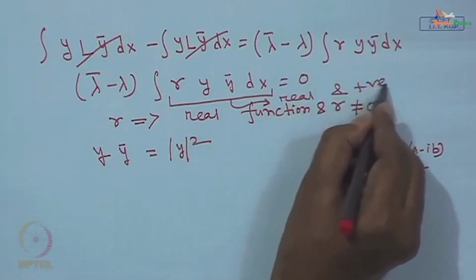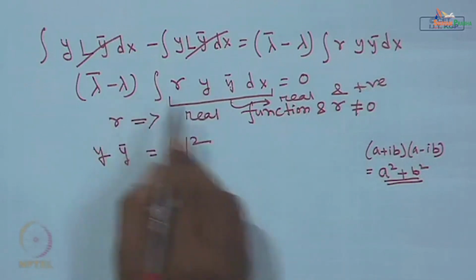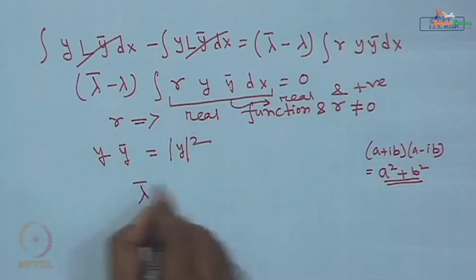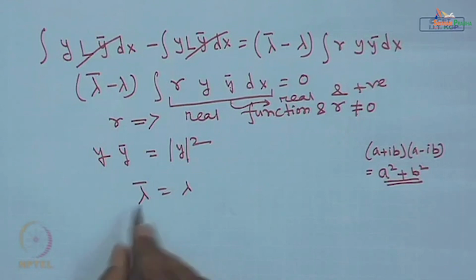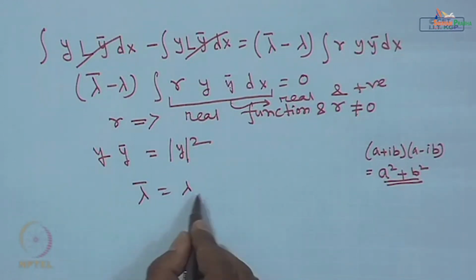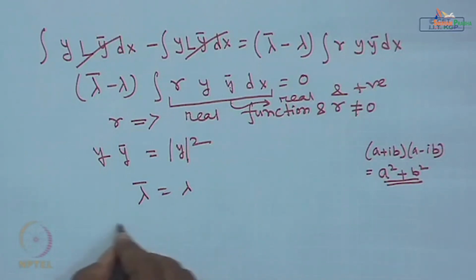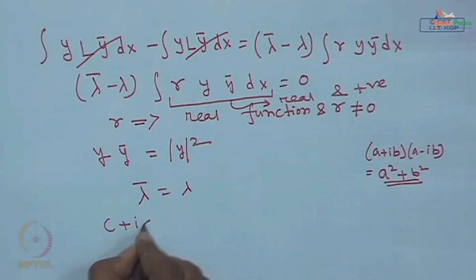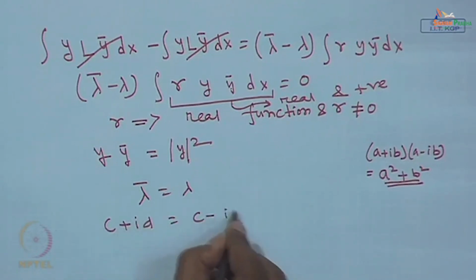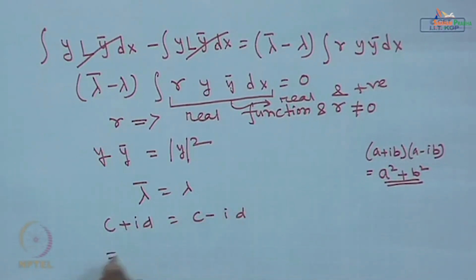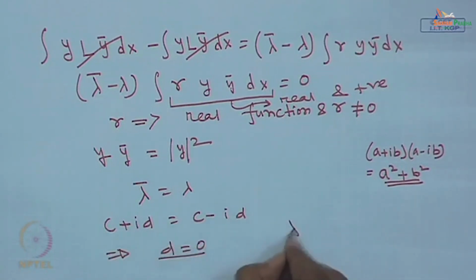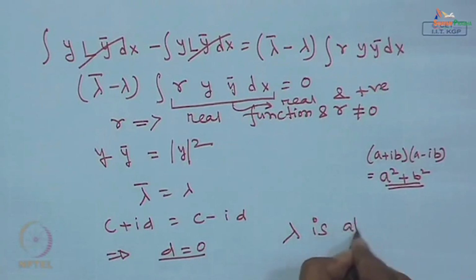Therefore, in order to satisfy this equation, the only option left is lambda bar equal to lambda. That means the complex conjugate equals the number itself, so the complex part does not exist. This simply means c plus i d is equal to c minus i d, so d is equal to 0. That means lambda is always real.